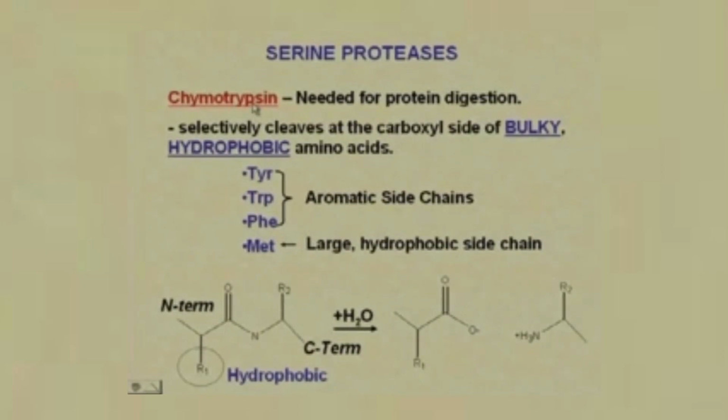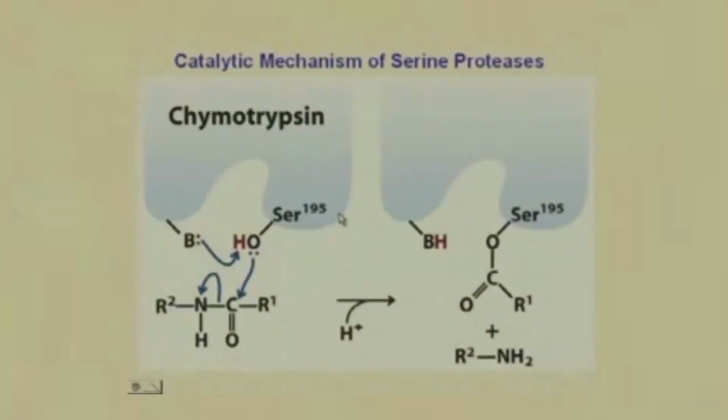Now, chymotrypsin is a serine protease. What does it mean? It means that the active site contains a specific serine residue that takes an active part in the catalytic mechanism of this protein. Chymotrypsin is also a protein. These are all enzymes, biological catalysts that are proteins. We'll go into the mechanism in pretty much detail, but for now what we need to know is that the serine that makes chymotrypsin a serine protease is serine 195.